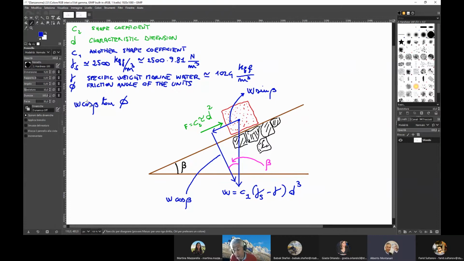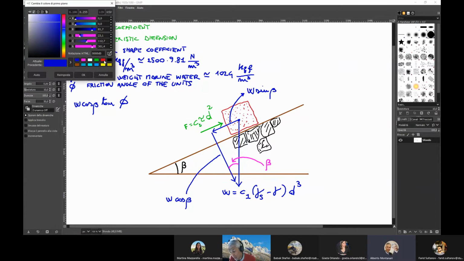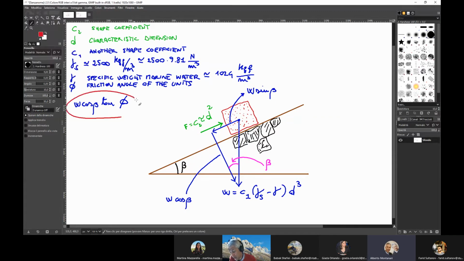And the friction forcing is precisely given by what I wrote here. Okay. Now, if I make then a sum of, let me go to blue, sorry.